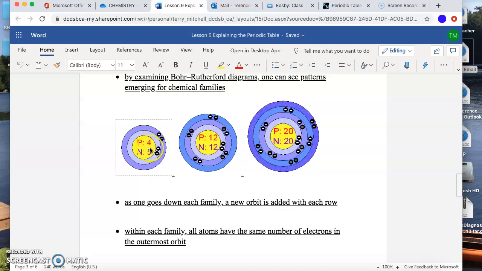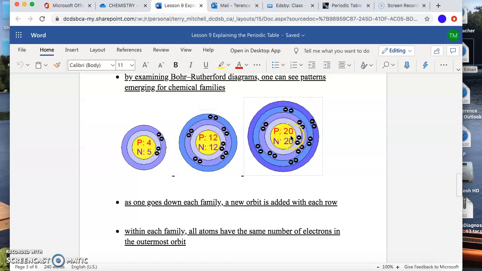If you notice here, beryllium has 4 protons, so it had 4 electrons, 2 in the first orbit, 2 in the second orbit, and the outer orbit we call the valence orbit. That's the term for it. Magnesium here has 12 electrons as well, because there's 12 protons. So 2 in the first orbit, 8 in the second orbit, and 2 in the outer or valence orbit.